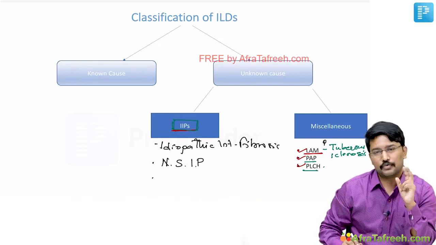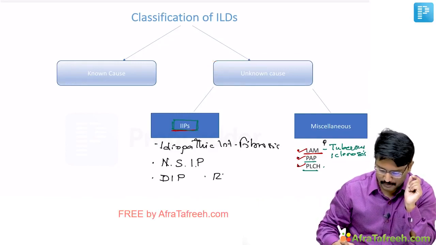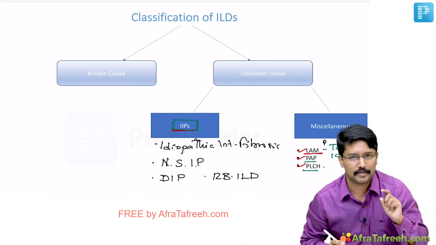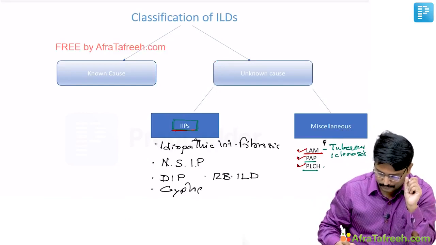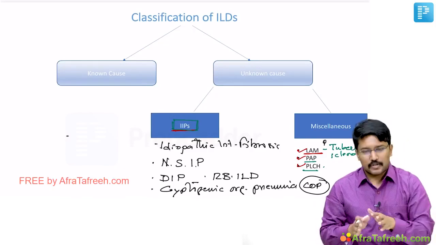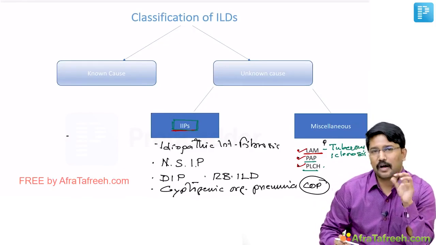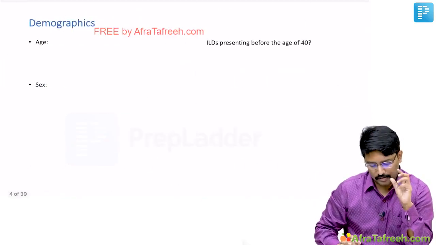Then we can have two smoking related entities, one called desquamative interstitial pneumonia, the second one respiratory bronchiolitis related interstitial lung disease or RBILD. Okay. Then we also have cryptogenic organizing pneumonia or COP. So these are important entities which are grouped under idiopathic interstitial pneumonia. That was about the classification.